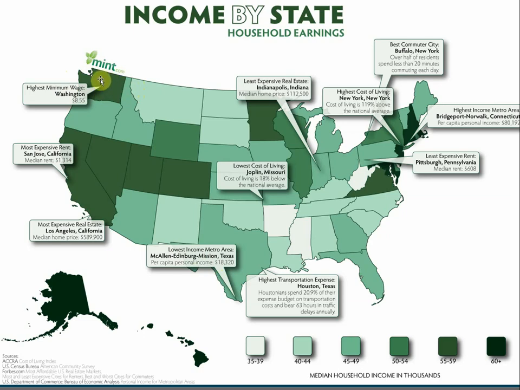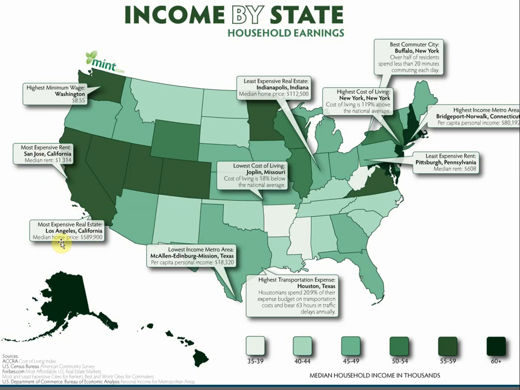What it doesn't reflect is cost of rent. Unlike here in California, where we have higher median incomes, we also see that in places like San Jose, California, average rent can be $1,300 a month at the time that this was made. In places like LA, the average house is going to cost $589,900.